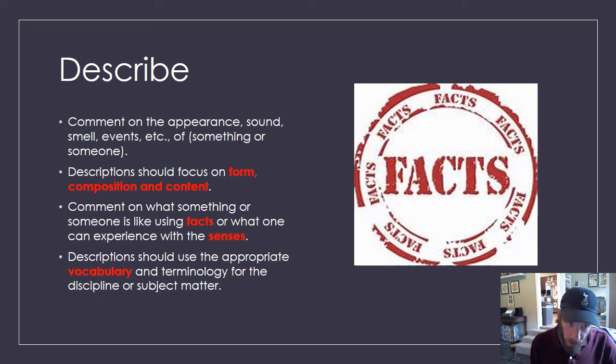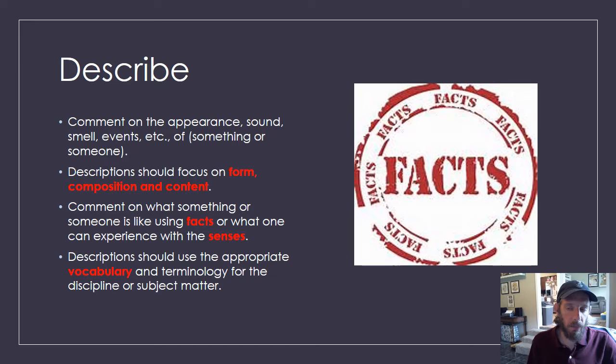It's short. What is actually presented in it? What are the colors? Who are the characters? What is the plot? Plot is something that happens, so everybody can see that. These are things that anyone looking at, listening to, experiencing the event can see. Just the facts.